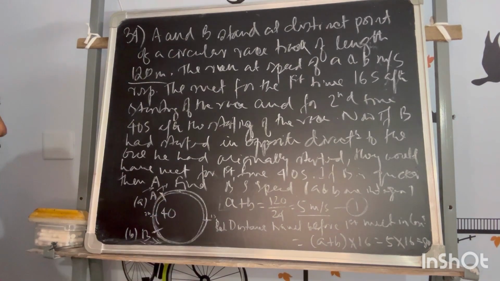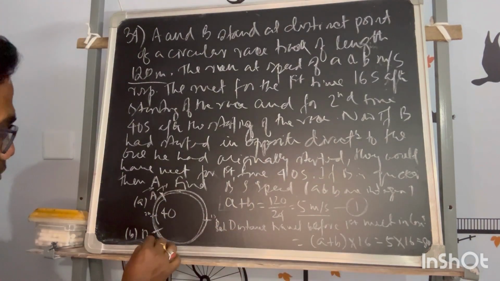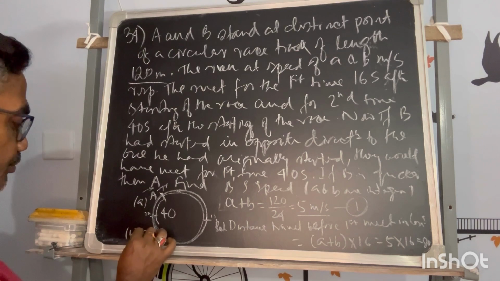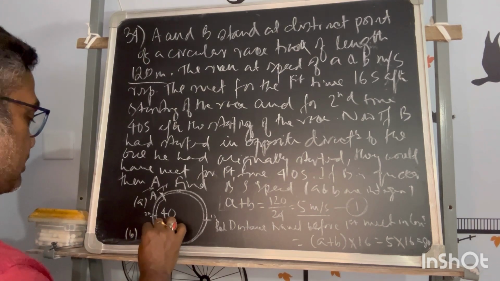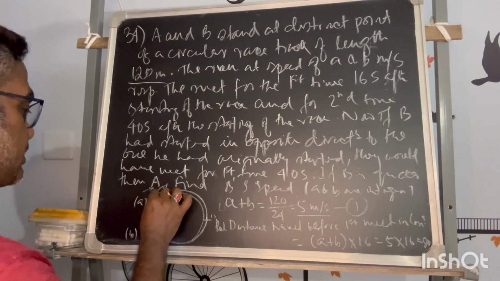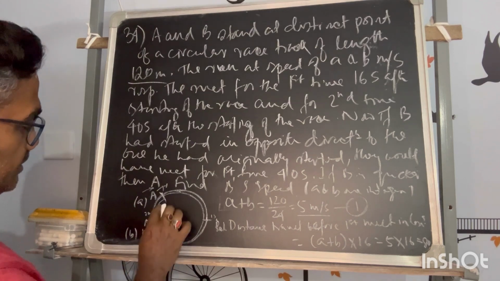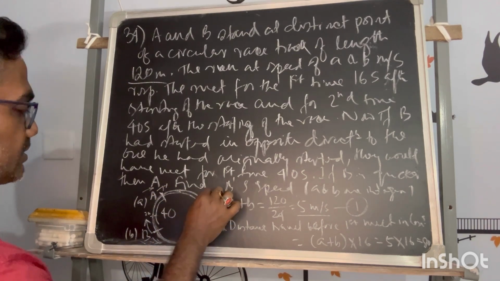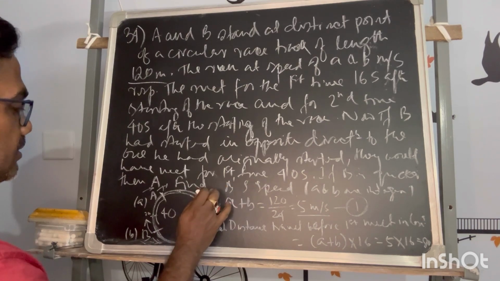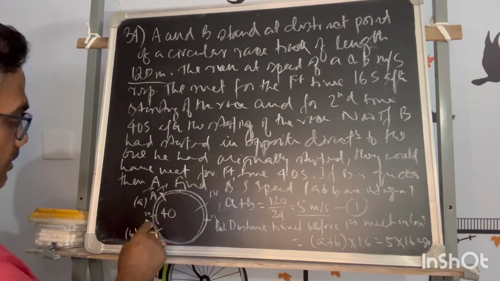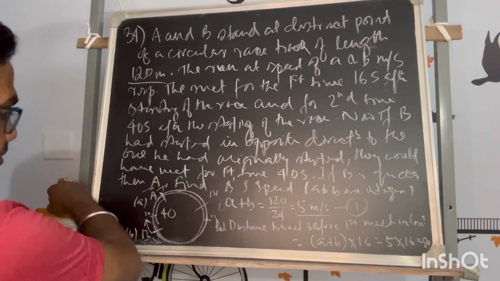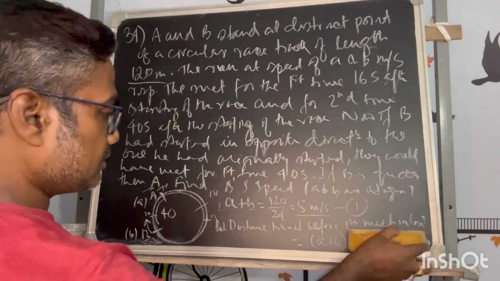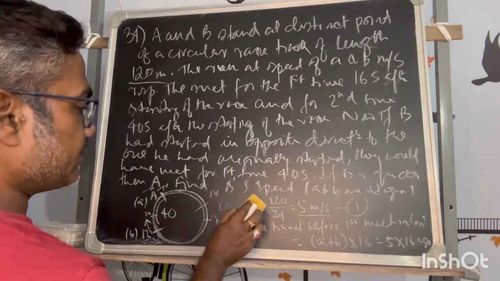40. Now we have already established they are moving in the opposite direction. Now if B changes the direction for the second case, that means B is chasing A, and they meet for the first time. This is 80, so the other is 40, that is being calculated.